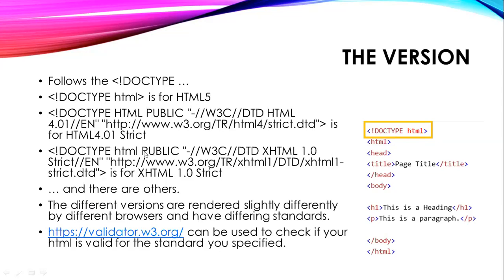There are different versions of HTML, and if you want to see them, you could look it up on the internet with a Google search. It's also important to make sure that if you do define the version of HTML used on your website, it is properly formatted. You could use validator.w3.org to determine whether your website is properly validated. The reason for this is that if you have improper HTML on your website, it could render differently in different browsers or look off.